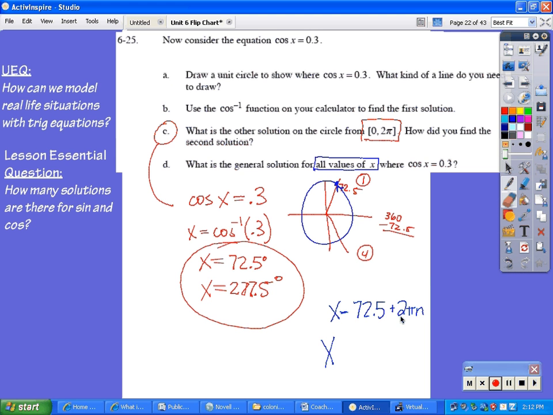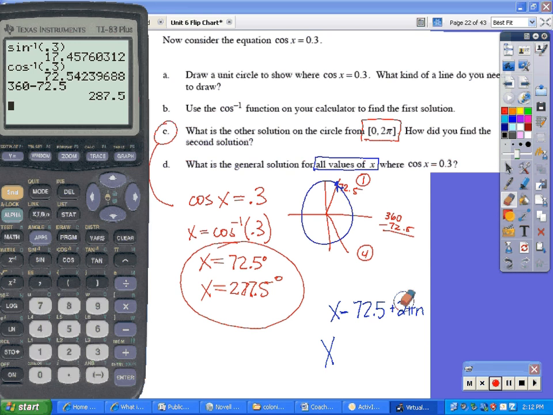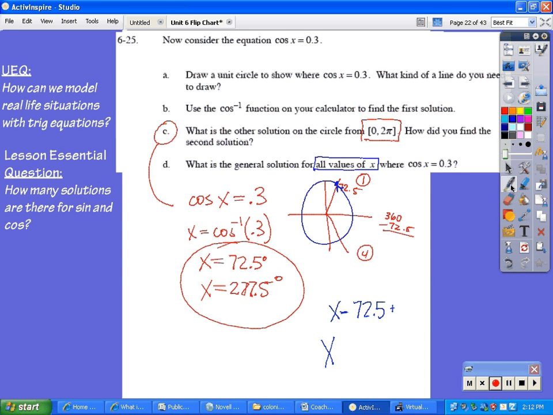Today we were talking radians. Right now we're talking degrees. So let's try to keep the units matching. That's my mistake. It should be 72.5 plus 360 n. Hopefully you can pick that up. 287.5 plus 360 n. Why 360? Because we're talking about degrees, not radians. If it was radians, then it would be 2 pi n.